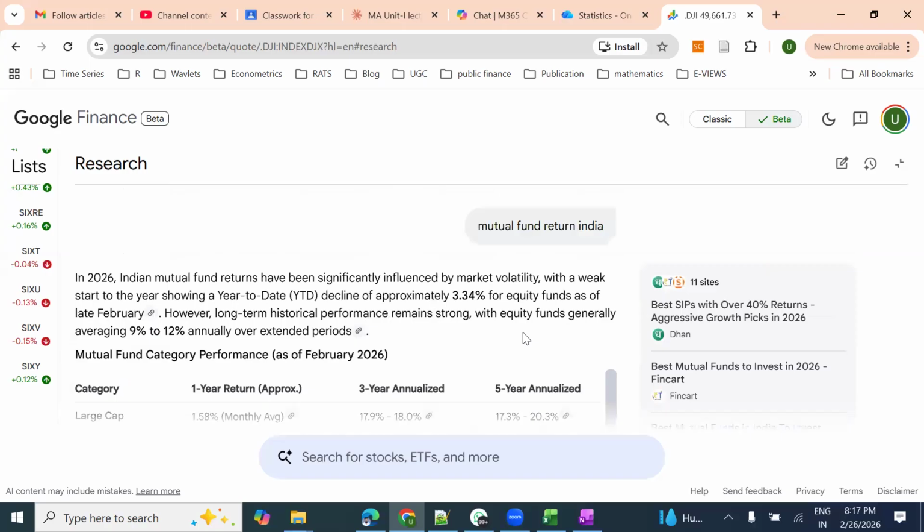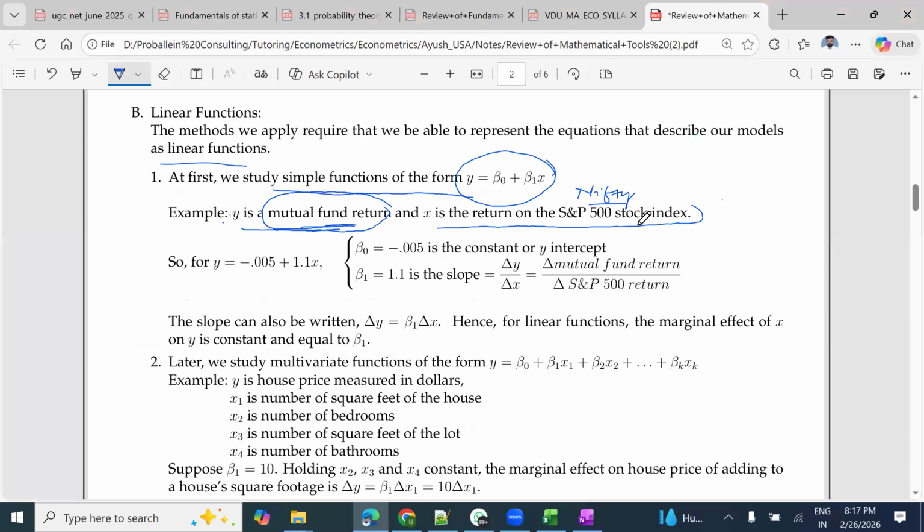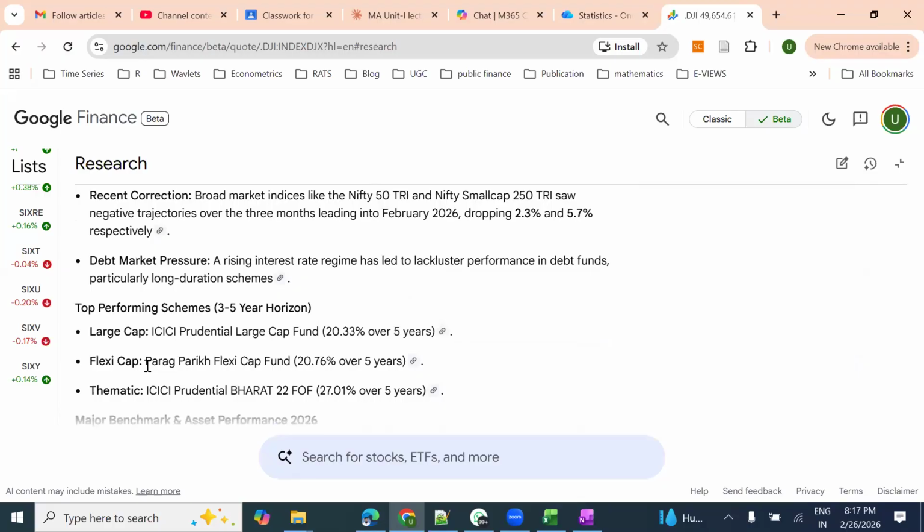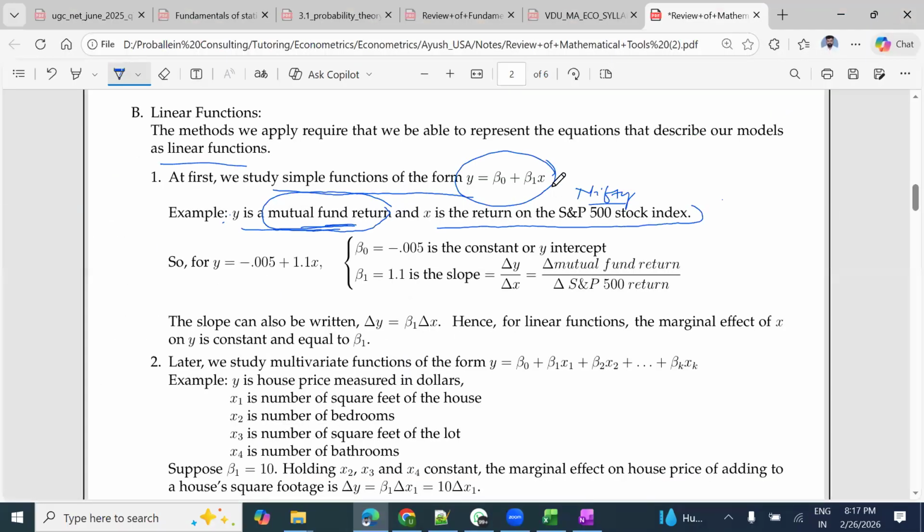I have shown this here because those who do not come from a financial economics or finance background will not be able to relate to this variable. Y is a mutual fund return. Let's say you take Y as the ICICI Prudential Large Cap Fund return, and X is the return on Nifty 50.